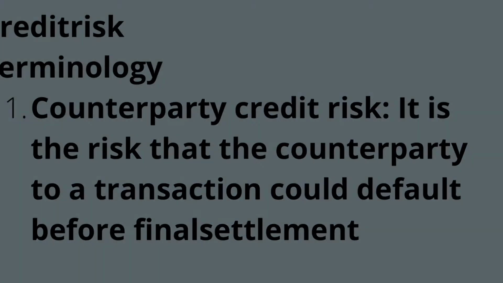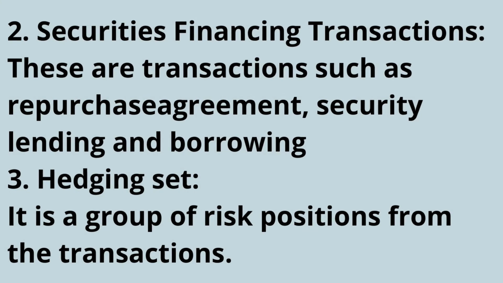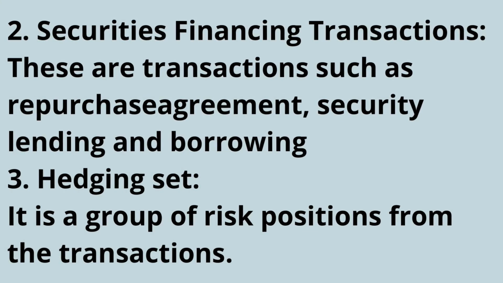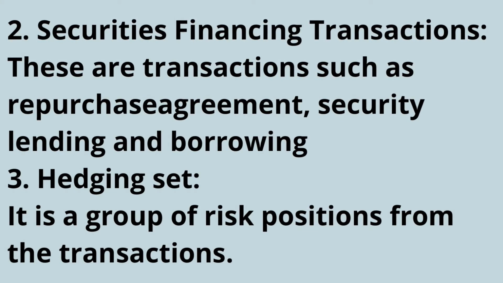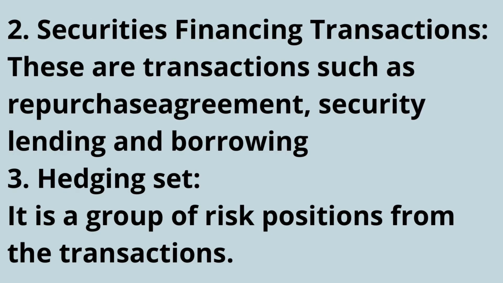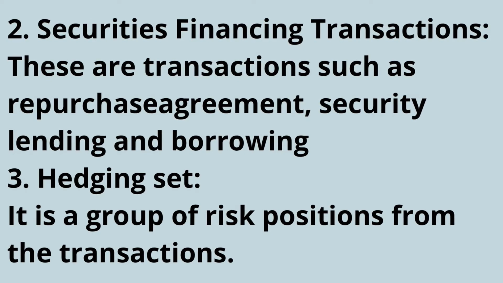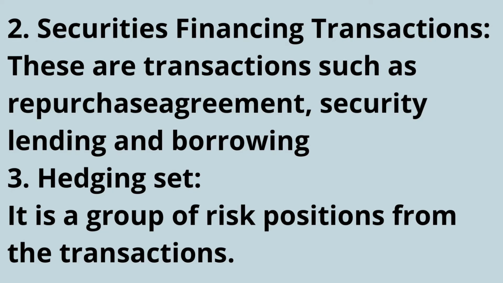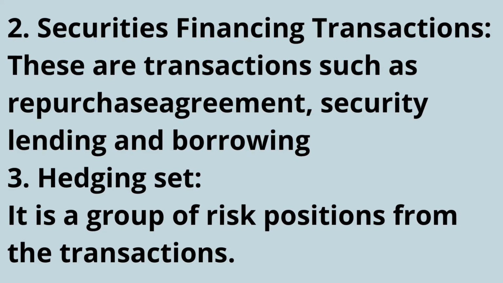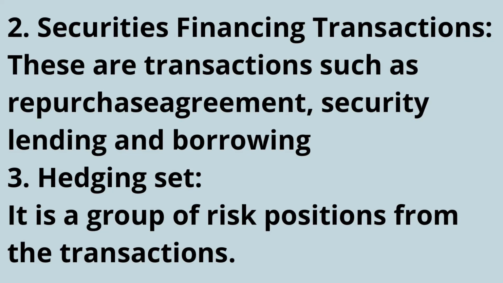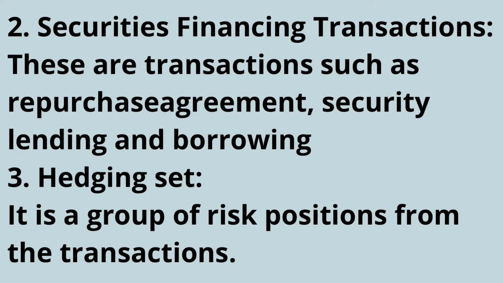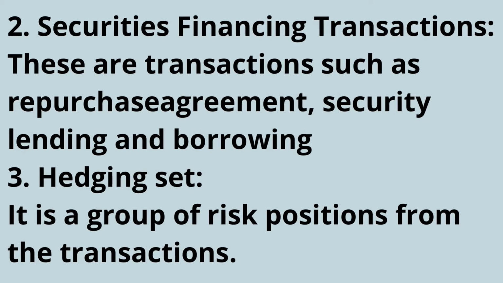Next one, securities financing transactions. These are transactions such as repurchase agreements, reverse repurchase agreements, security lending and borrowing, collateralized borrowing and lending, and margin lending transactions, etc. Hedging set. So what is hedging?